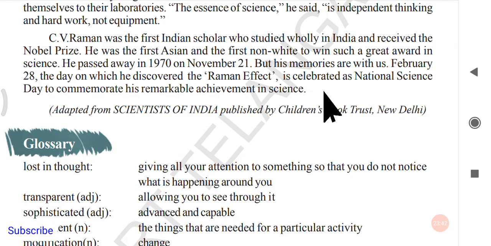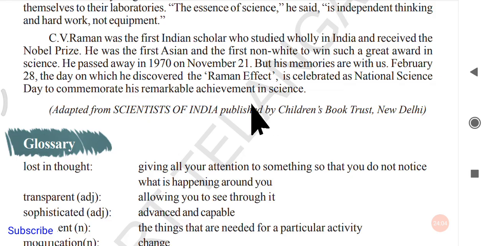As students, and as aspirants of DSC TET, you must know this general knowledge question: When is National Science Day celebrated? On February 28th. It is celebrated to remember all the remarkable achievements CV Raman has given to us.